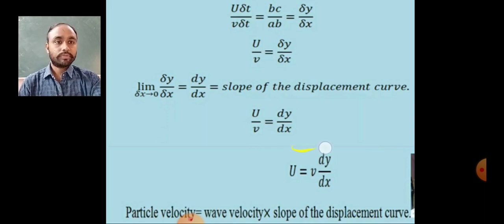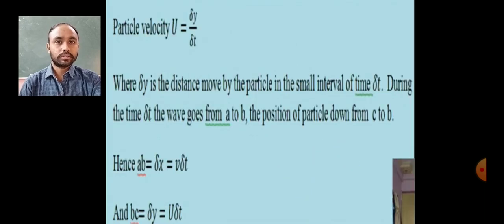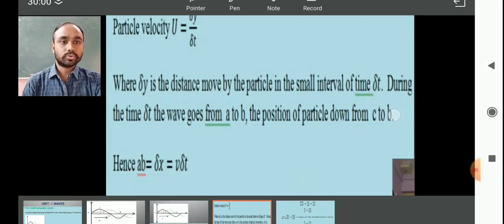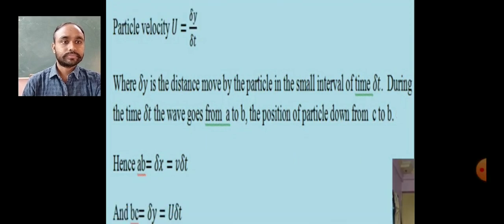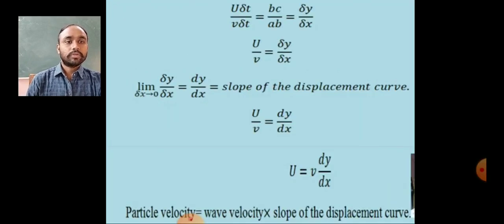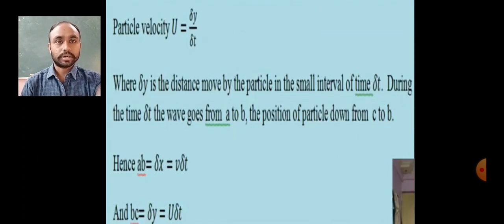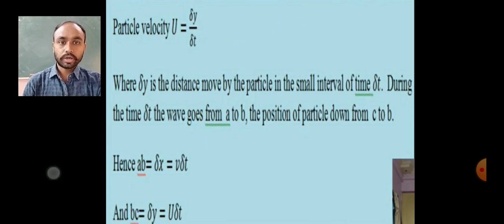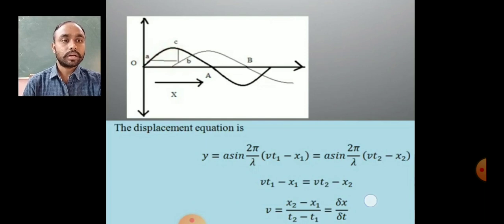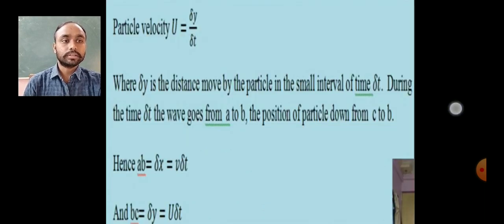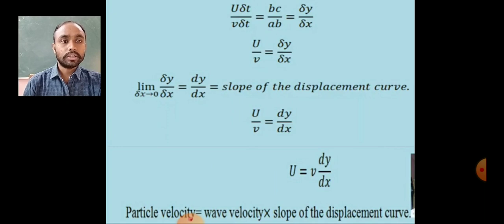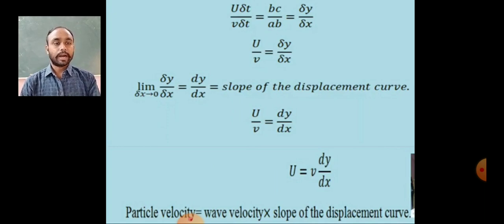This is our final equation. If you remember, u is the particle velocity, and v is the wave velocity, because v is equal to delta x by delta t. Their relation is u is equal to v into dy by dx.